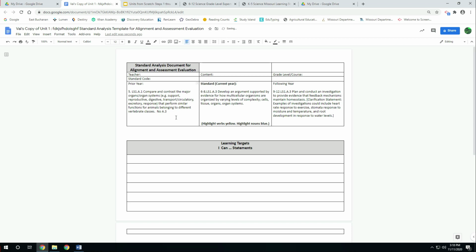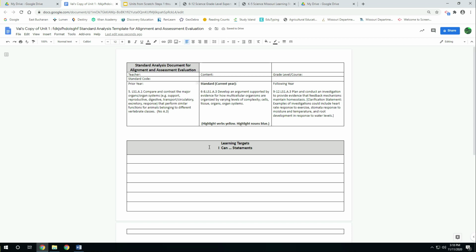Sometimes the best standard is 2 or 3 years before you. That speaks to what you're supposed to be doing. Maybe they don't even cover your standard in the previous year. So you can put that in here and put a little note as to why that's the one that's in there and what grade level it was.